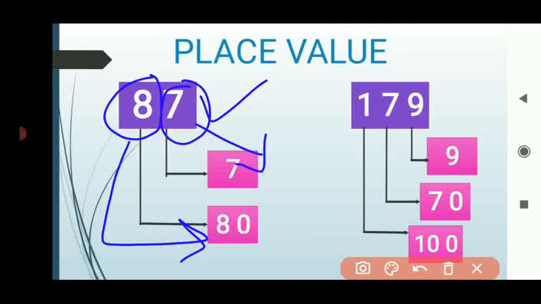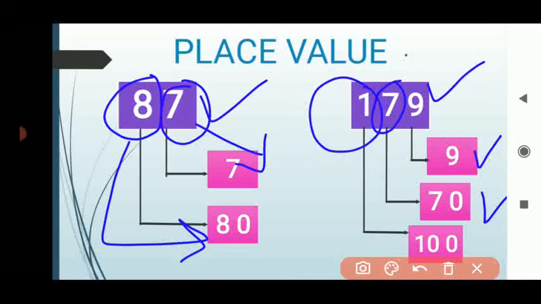Now, let us see the second number, 179. So, what is the place value of 9? It will be 9 only because no 0 is there at the ones place. What is the place value of 7? 70. 1 zero will be added in the tens place.